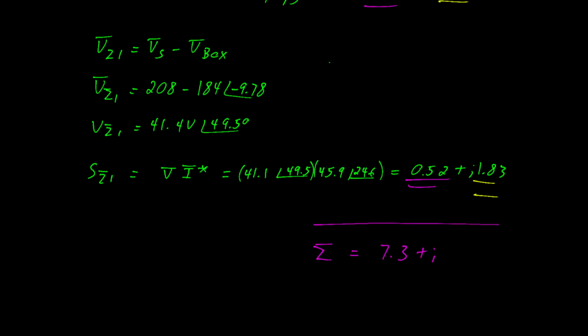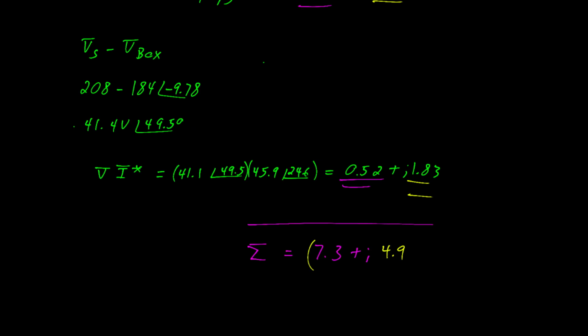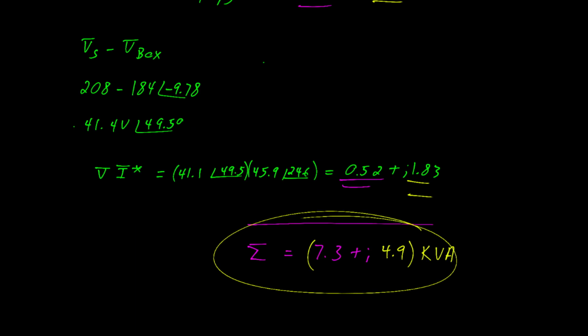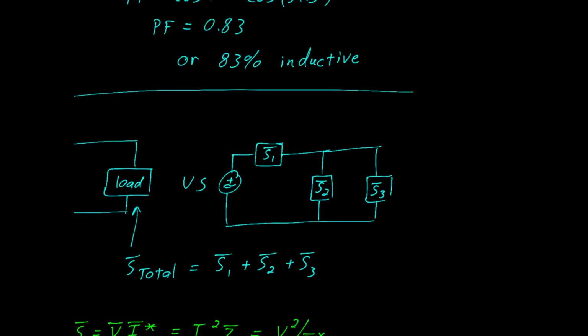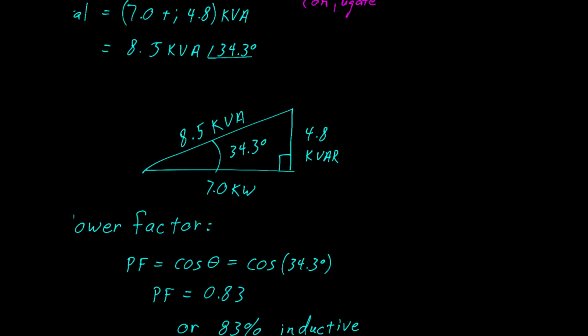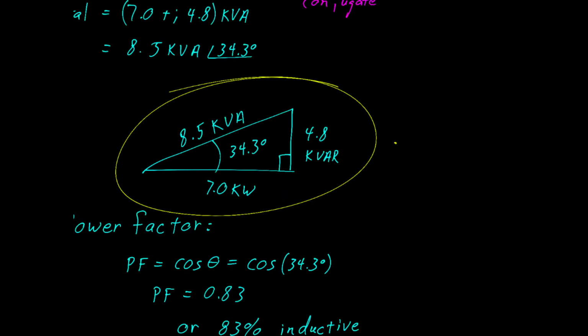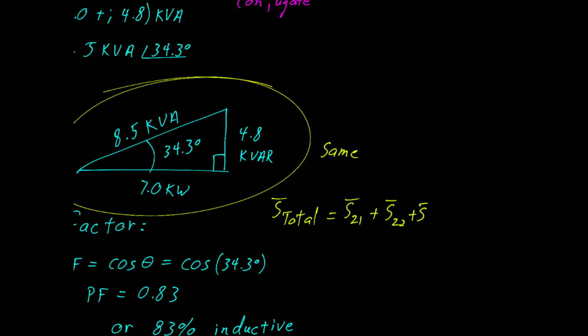Now, we examine the reactive power, and we sum that up as well. So we end up with 7.3 plus J5 kVA. And if we go back to that first power triangle we drew, that looks really familiar. So this is one way of showing that the total power is equal to the summation of the individual powers.